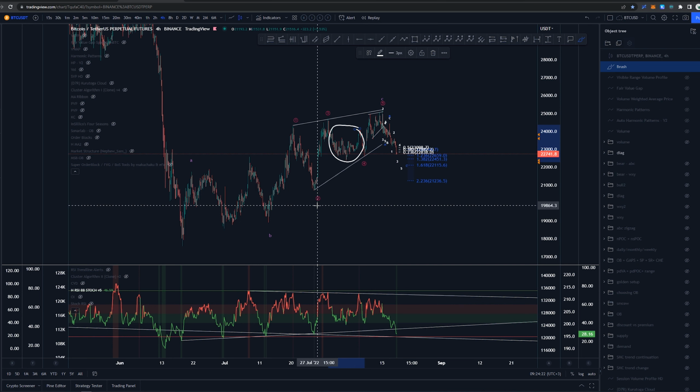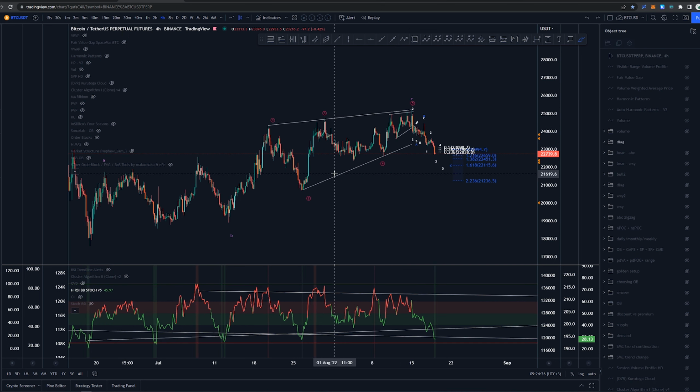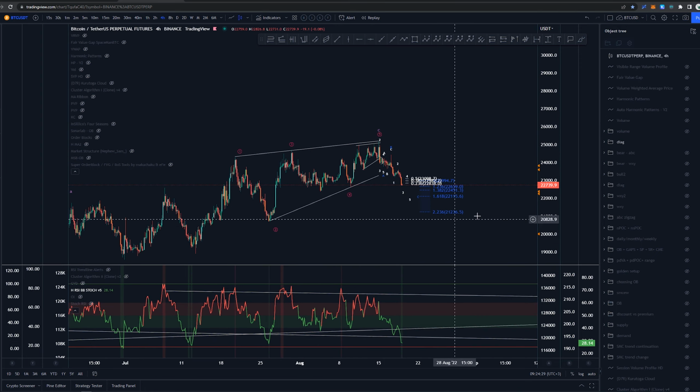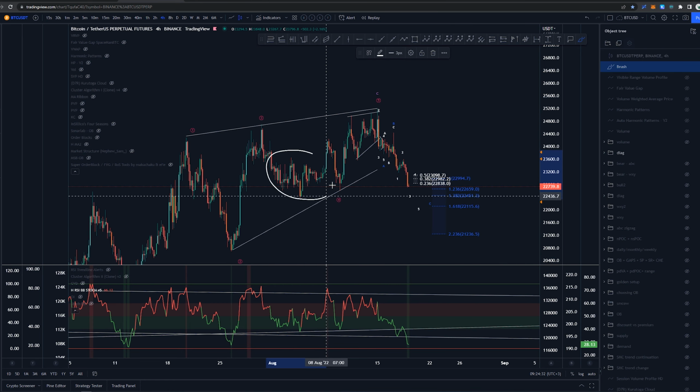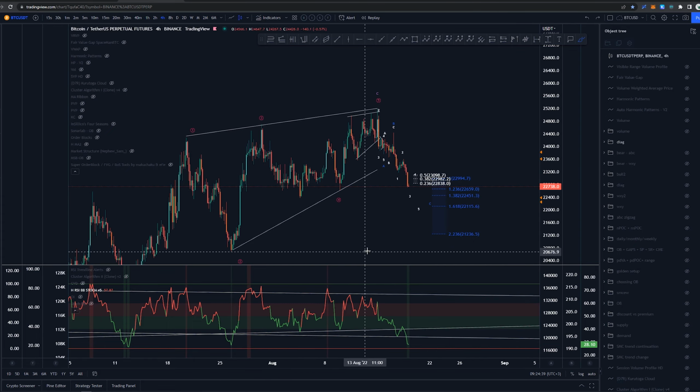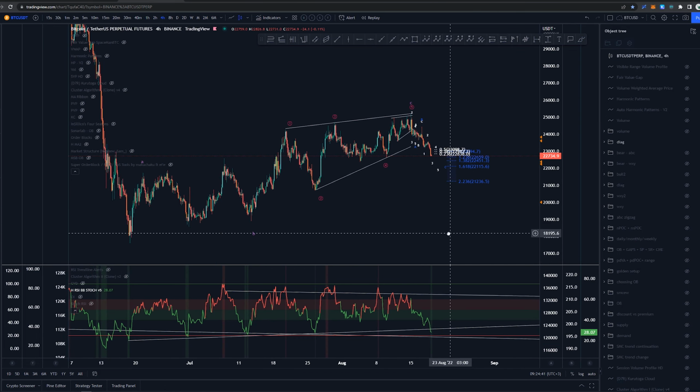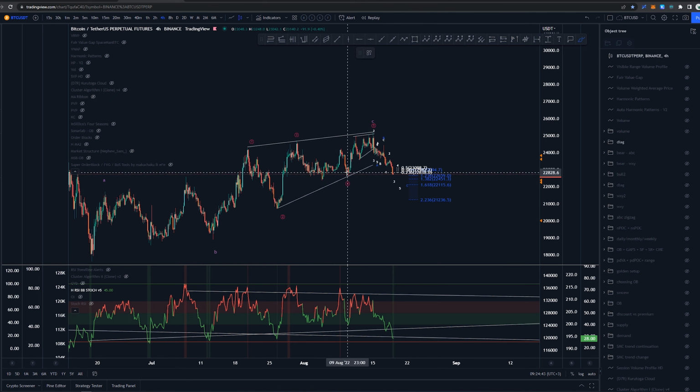This would be some kind of WXY structure here, some kind of complex structure, at least for the mid part here. It definitely can be viewed as an ABC like so, and these middle squiggles here are some kind of complex structure. But similar here, we had that ugly ending diagonal for this fifth wave.